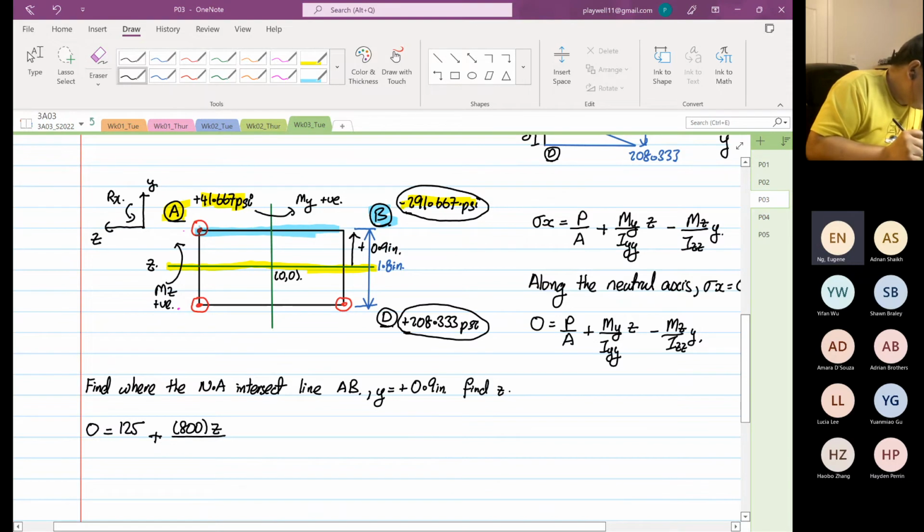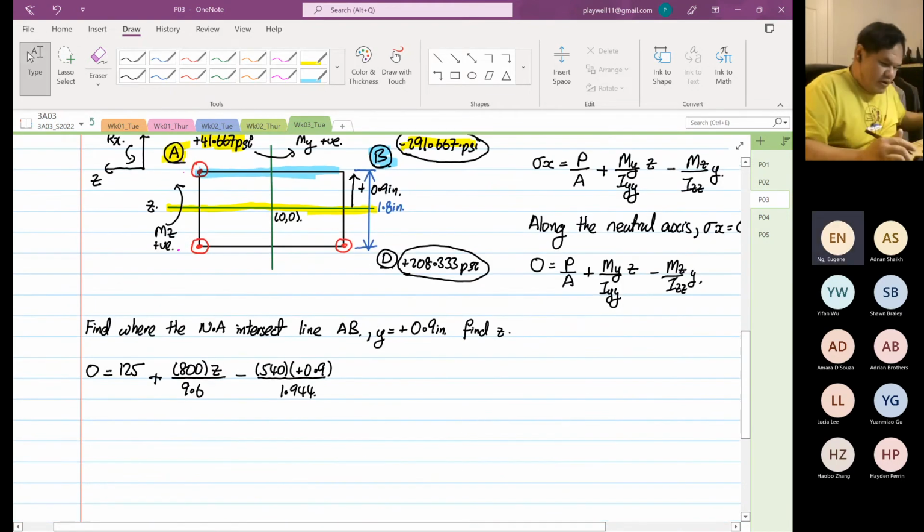So Iyy, we found it to be equal to 9.6. And then minus moment about Z is also positive, so it's equal to 540. And we know that y is positive 0.9, divided by Izz. So Izz is 1.944.